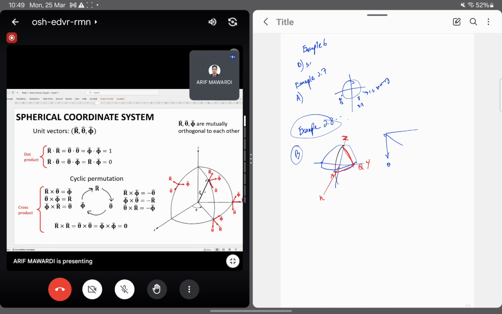It should be R, theta, and phi. If you put it in the wrong order, you will get a wrong answer. And if you take the cross product between the same unit vector, you will get 0. The dot product between the same unit vector is equal to 1, but the cross product between the same unit vector is equal to 0.